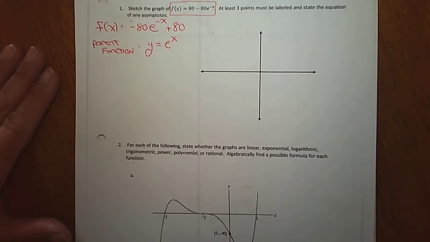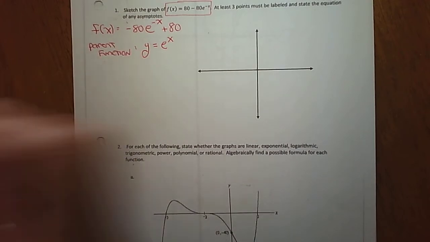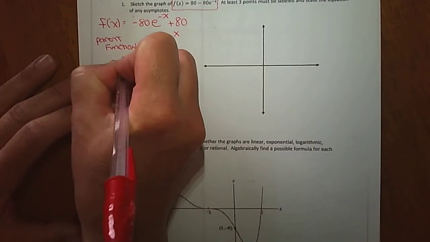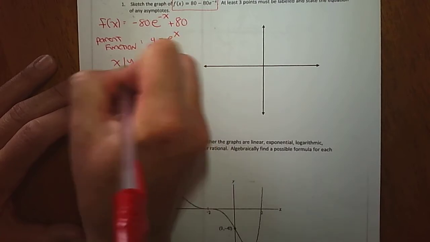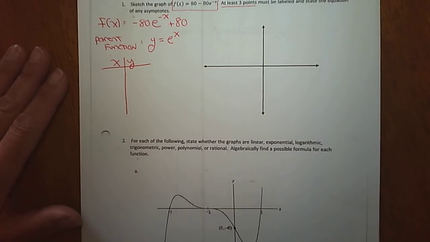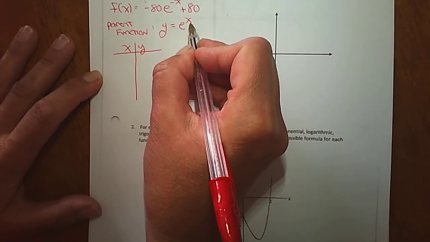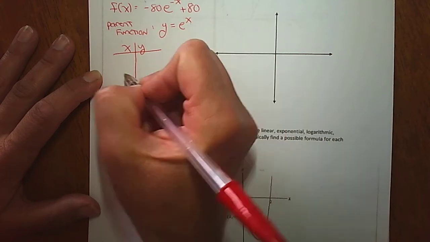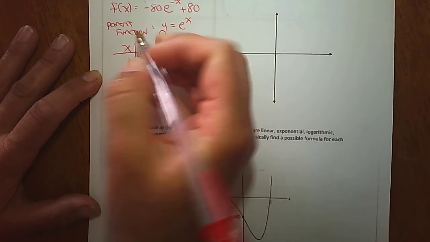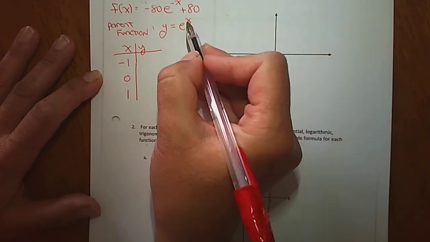What I want to do now is come up with an x and y chart for the parent function, and then we're going to manipulate it. So x, y, I always recommend 3, and if you notice here it says at least 3. Check out what's in the exponent, the variable x, so I'm using this as my starting point: negative 1, 0, 1.